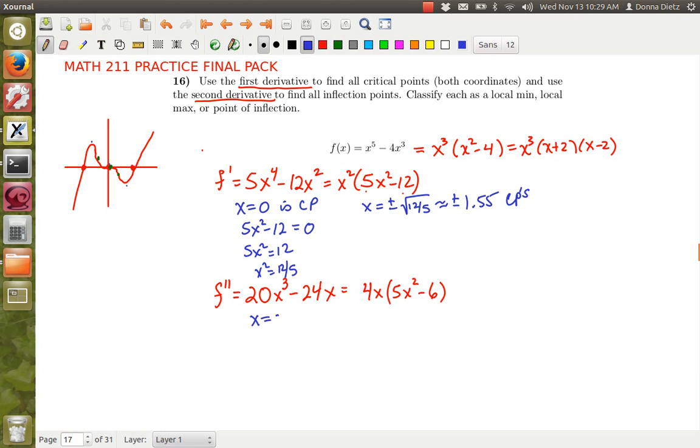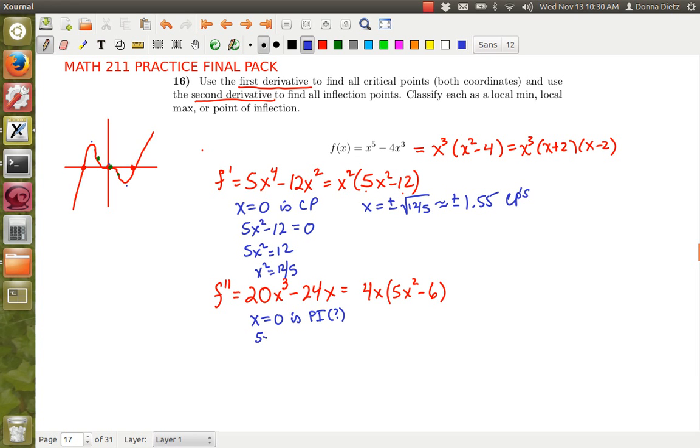x equals 0 is going to be a point of inflection, but we're not entirely sure. These are possible points of inflection. Because of the stacked roots, we know from looking at the picture that this is going to be a point of inflection, but we don't know from the calculus yet.